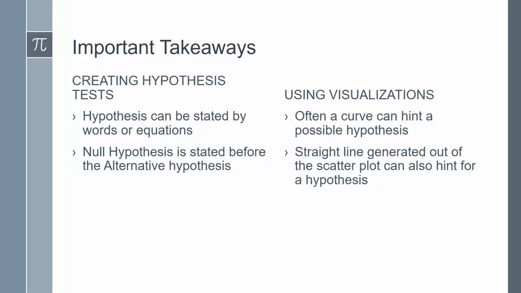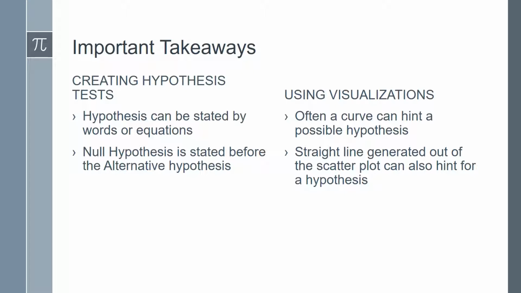So after discussing all these curves, we develop them on the basis of a given set of data, and we develop the linear relationship on the basis of a given set of data. After developing the curve or any graphical representation of a given set of data, we can derive some kind of hypothesis. So using a visualization, we can say that a curve can hint at a possible hypothesis.